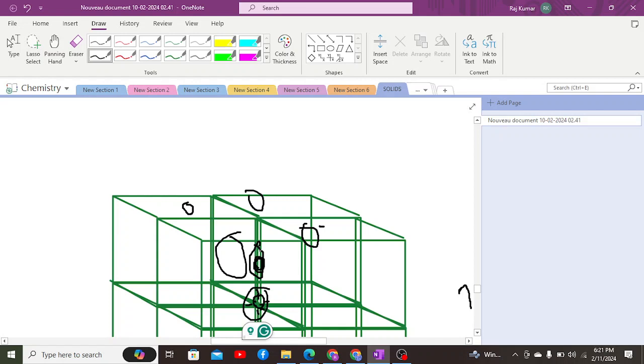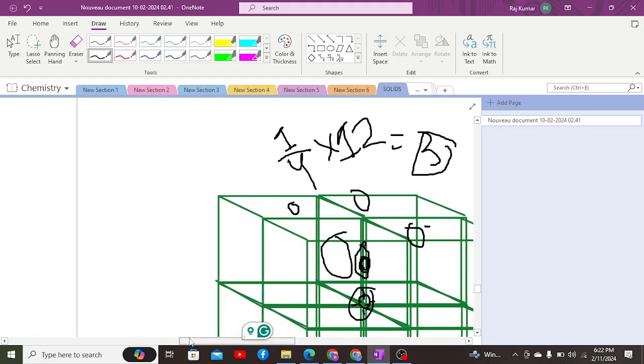So when these four edges share one atom, each edge would have 1 upon 4 of the atom. So 1 upon 4 multiplied by the 12 edges gives the answer 3, which means 3 sodium atoms are present. Sorry, it was not chloride but sodium ions.